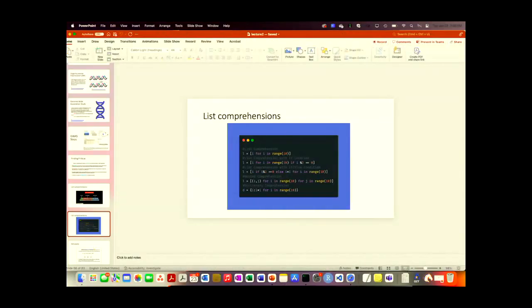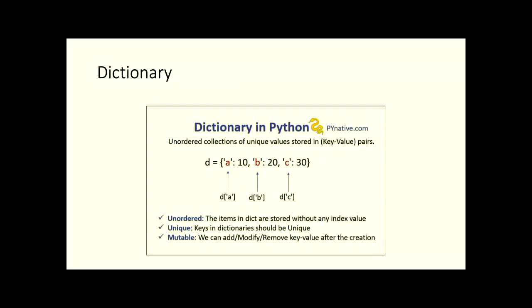The structure we just covered is a dictionary in Python. Dictionaries are unordered collections of unique values stored in key value pairs. Dictionaries, lists, and sets are the workhorse data structures in Python that we'll use for a lot of assignments.